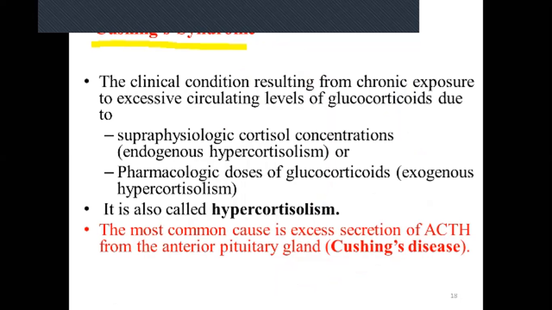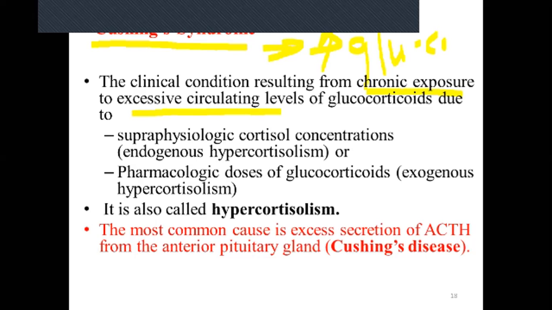This is a clinical condition mainly due to chronic exposure to excessive levels of glucocorticoid. So any factor that increases the level of glucocorticoids, cortisol, at a chronic level, we call it Cushing syndrome.